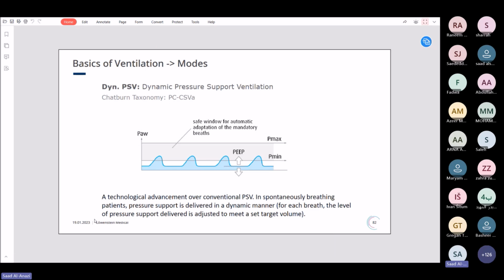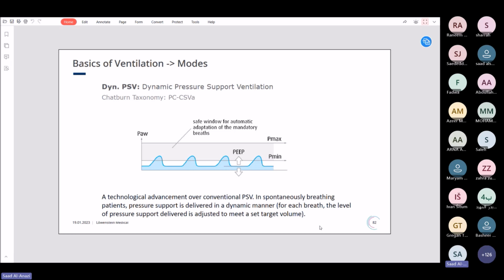The level of the pressure support delivered is adjusted to meet a set target volume. As you know, for pressure support or spontaneous breathing, the patient needs 5 to 7 mL per kg. And you need to look at the work of breathing of the patient. If it's higher, that means they need more support. If it's lower, that means less support.